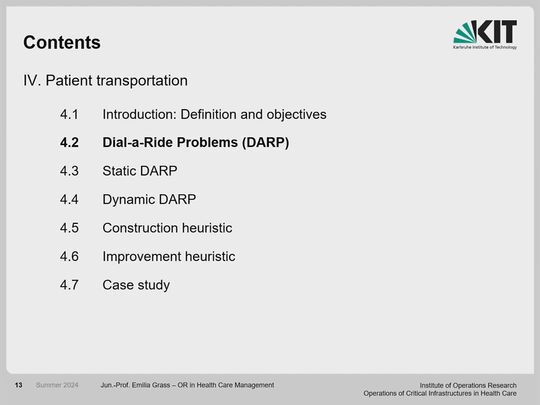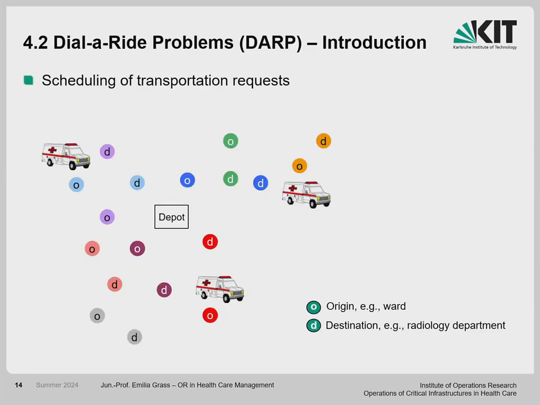This is a pretty common problem, and the idea is we have vehicles, and a depot where they start and have to finish their routes. Then we have O nodes, the origin nodes where the patients have to be picked up, and D nodes, the delivery points where the patients have to be dropped off.